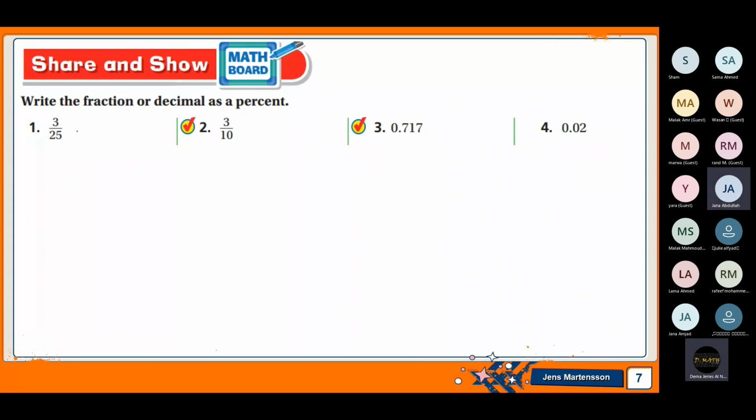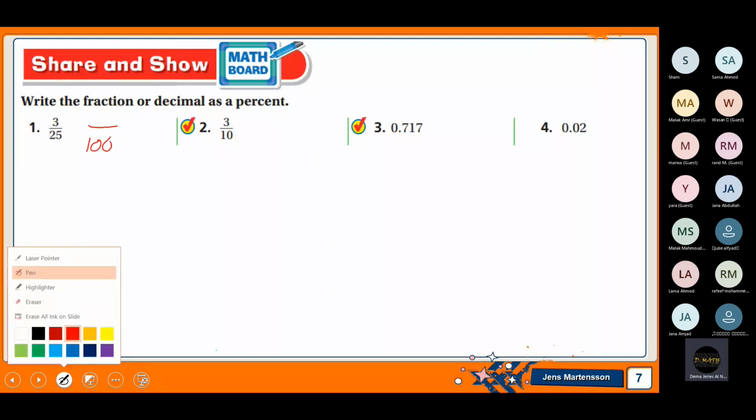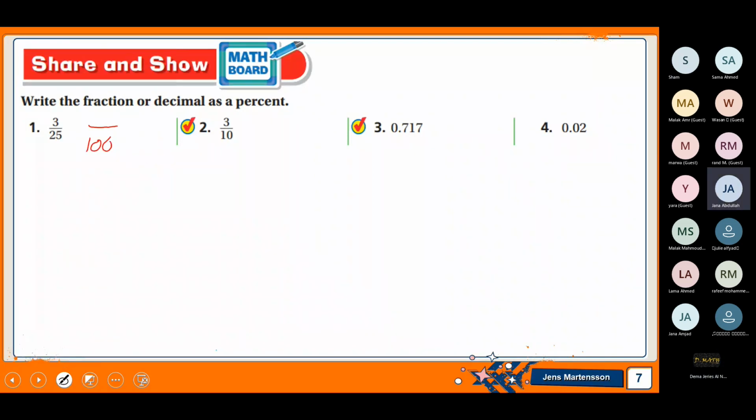3 over 25. Can you give me an equivalent fraction to 3 over 25, but with a denominator of 100? What's the number that you multiply by 25 to get 100?